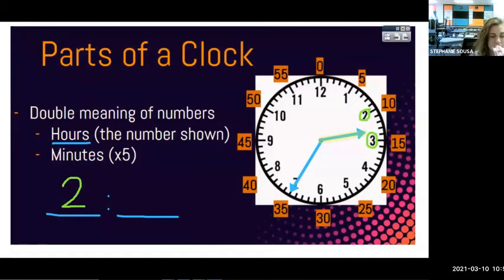Now we can look at our minute hand. Our minute arrow or minute hand is the longer hand. It will point to the very edge of the clock, which helps us if it's pointing to one of the minute tick marks.